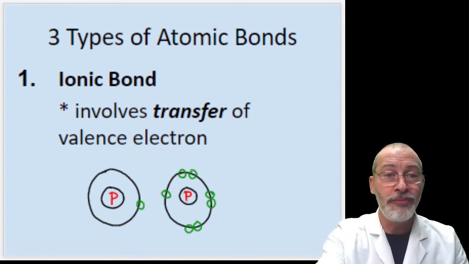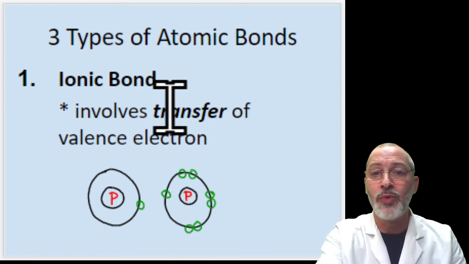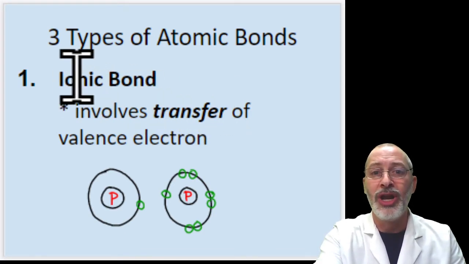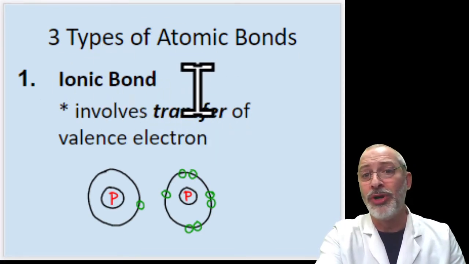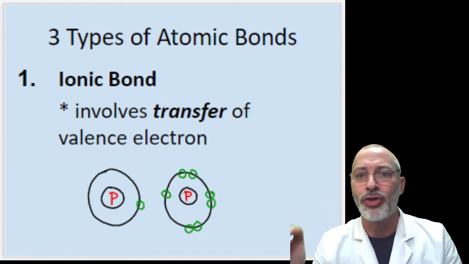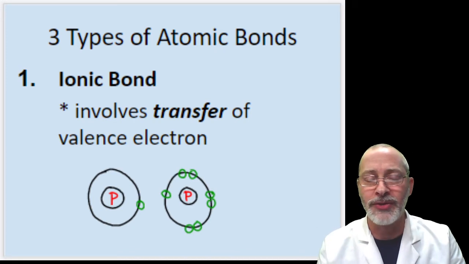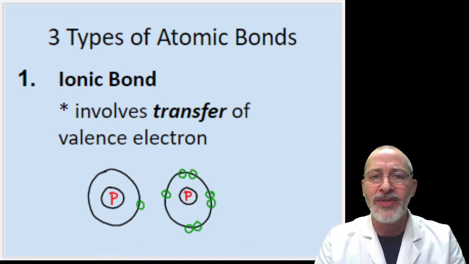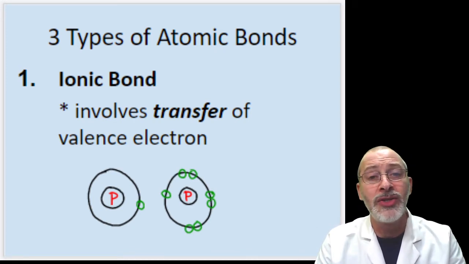In your notes, you might even want to underline the word transfer, underline ionic, maybe even put a line between the two so that you can study ionic transfer, ionic transfer. Ionic bonds involve a transfer of valence electrons.